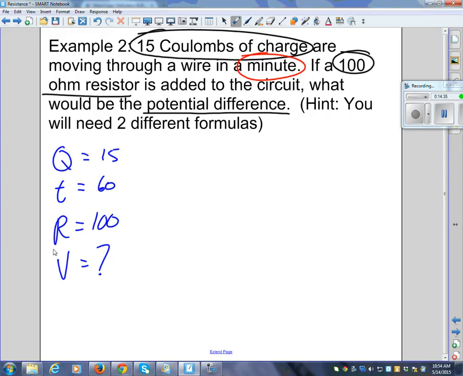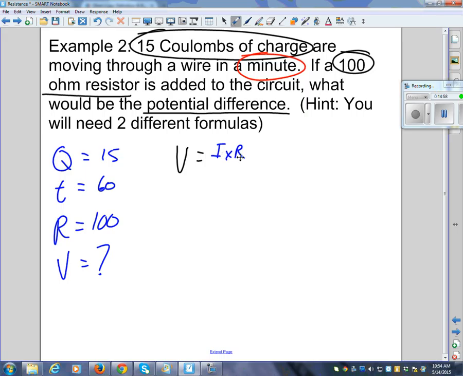Okay, what formula has V in it? V equals I times R. You're right. V equals I times R. Do I have I? Oh, sadness. Do I have R? Yeah. I have R. So if I could find I, I could use this.